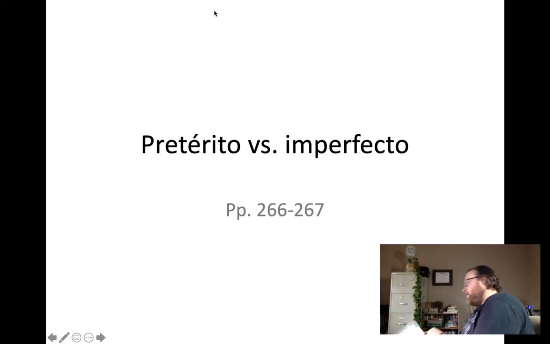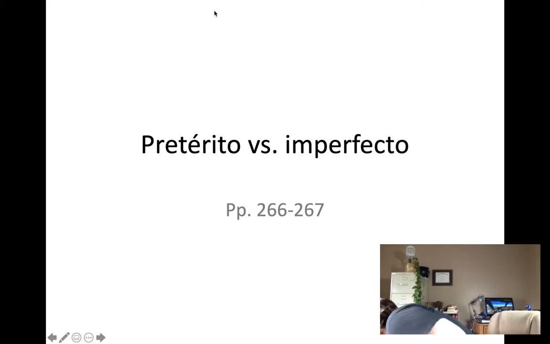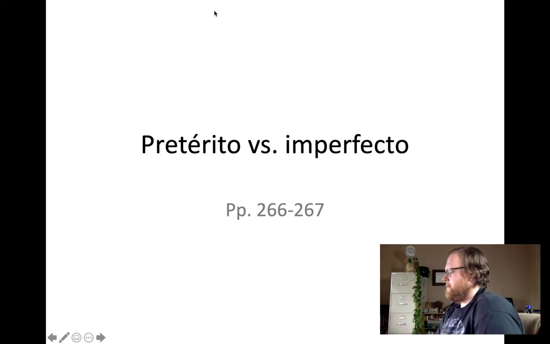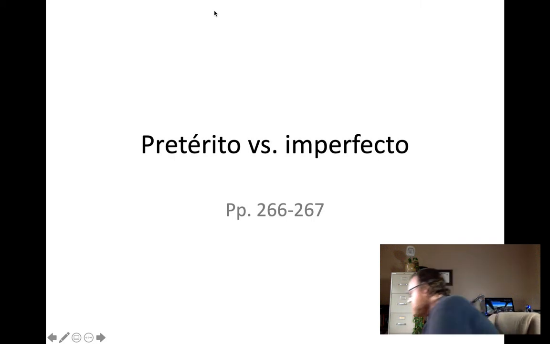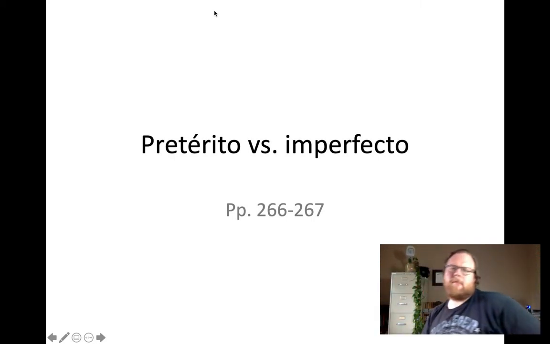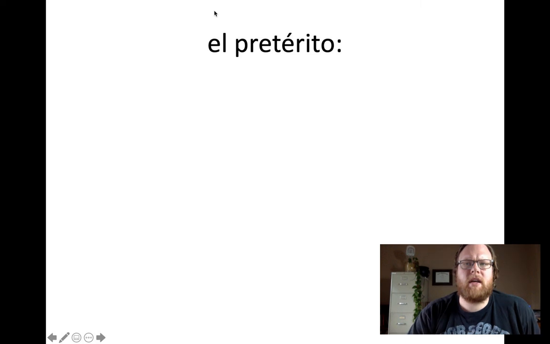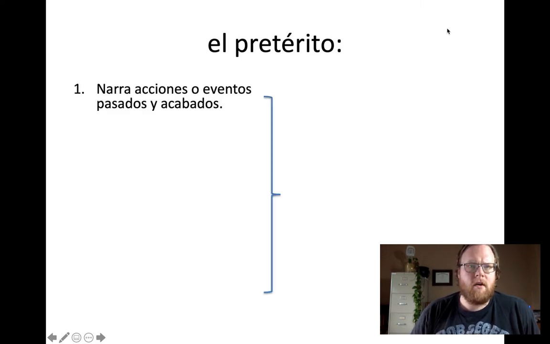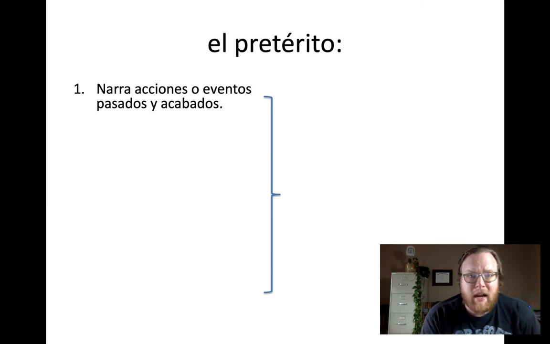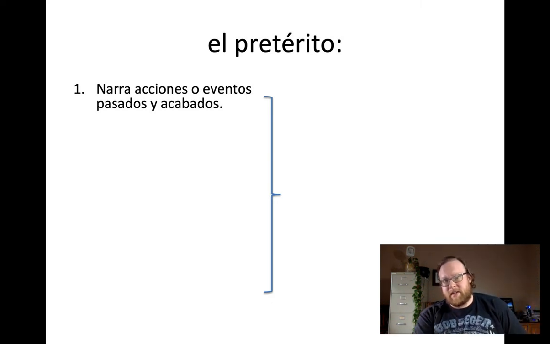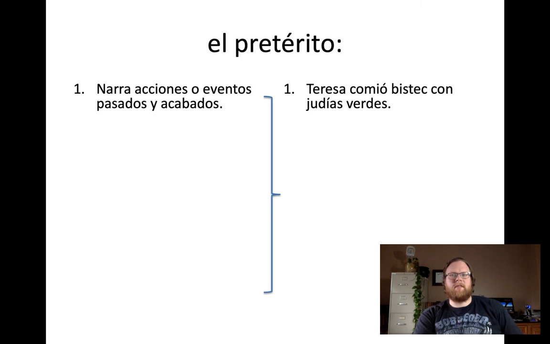So let's take a look at some examples. Let's take a look at really what we mean by all that. So, primero, ¿para qué se usa el pretérito? Lo usamos para narrar, to narrate finished actions in the past.